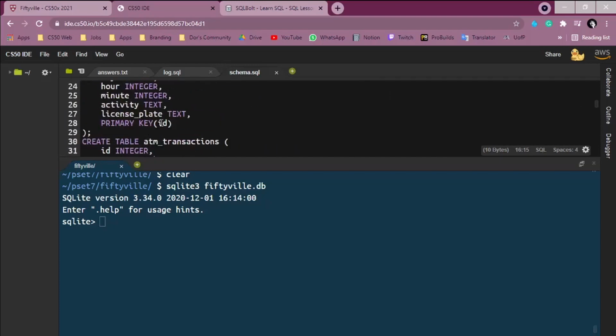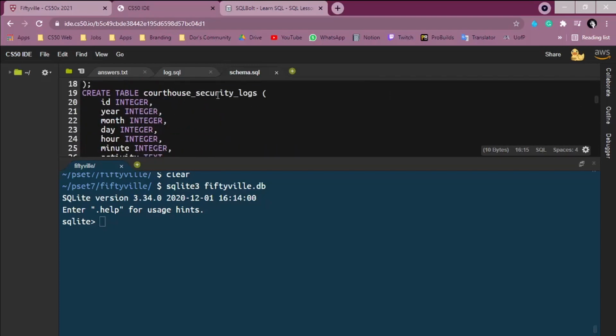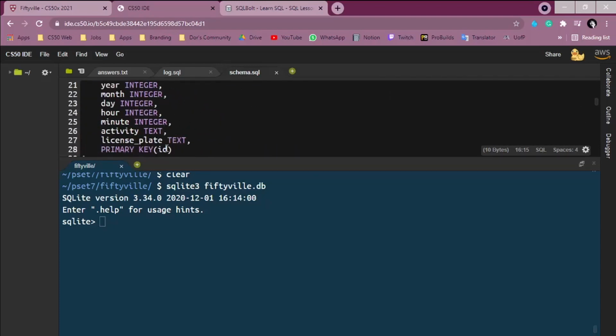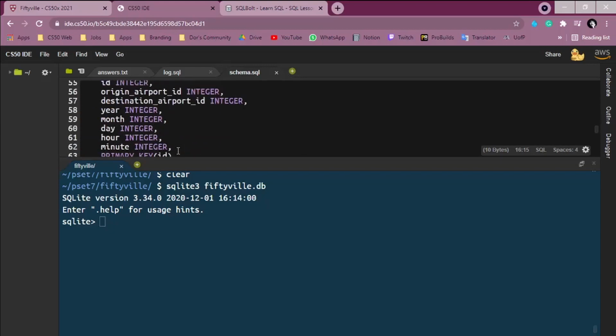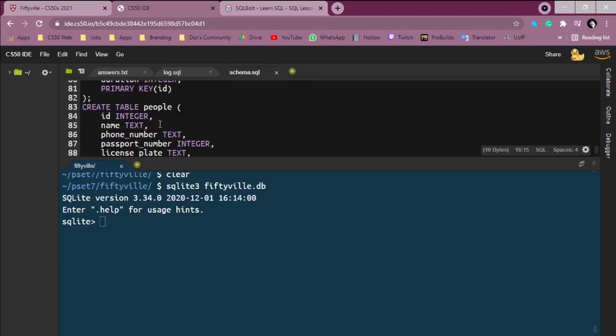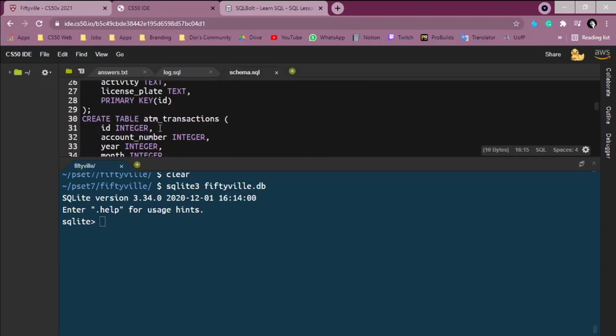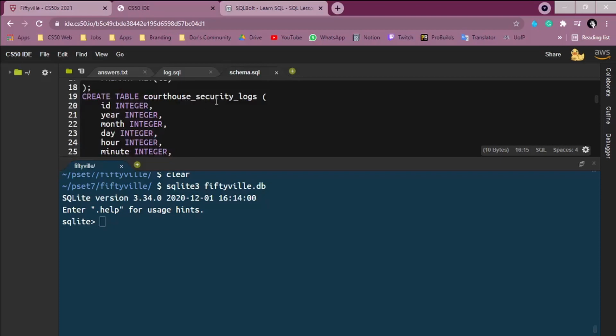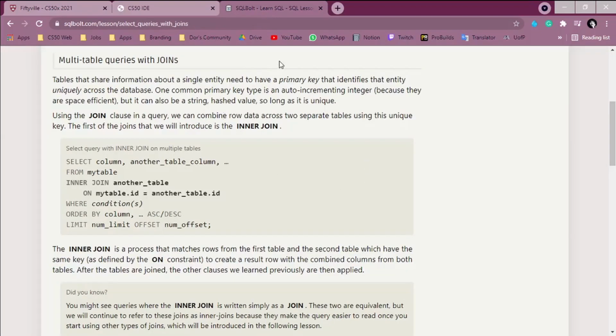To join this information with the information of the courthouse security log, we are going to use this primary key ID. If you check, both of these tables have this primary key ID. So we can find a match between this table here, people, and the table courthouse security logs, okay? So join, if you don't remember, take a look at the SQL Bolt lectures here.